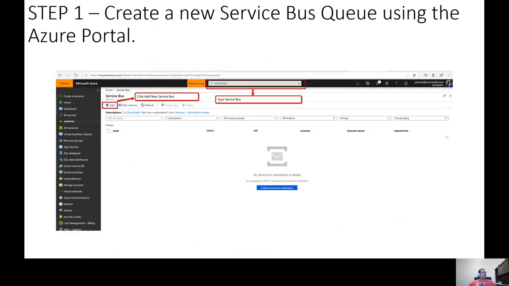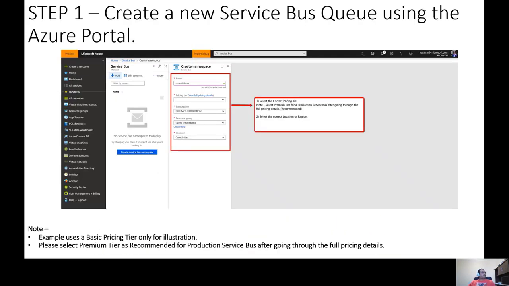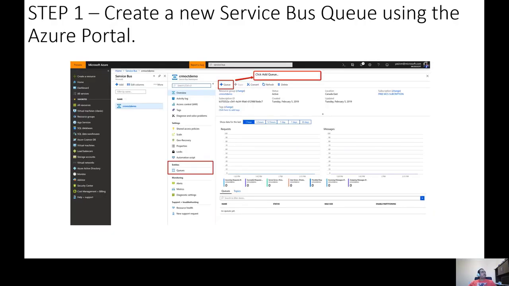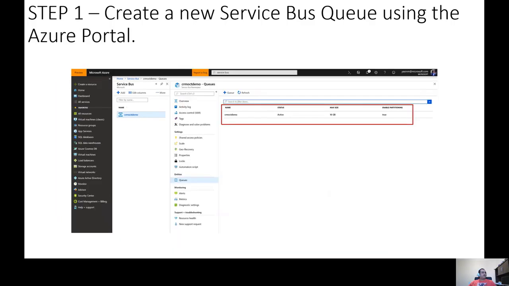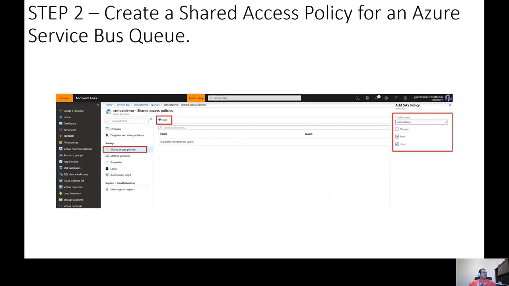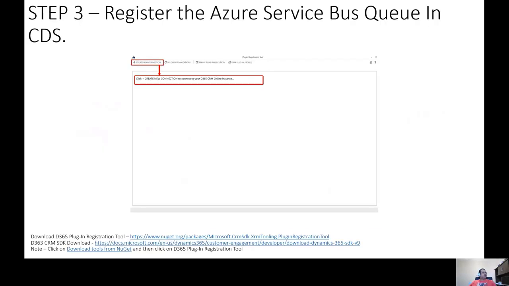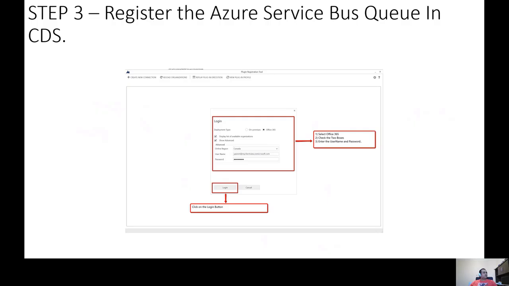Here I walk you through how to set up the message queue, with step-by-step instructions. Once you have set it up, I explain how to register the message queue in CDS using the plugin registration tool.